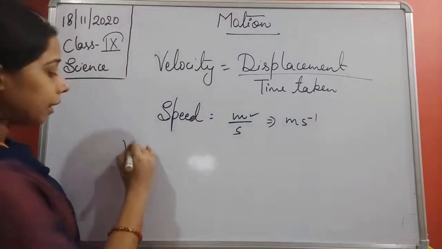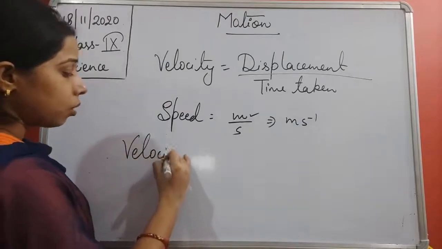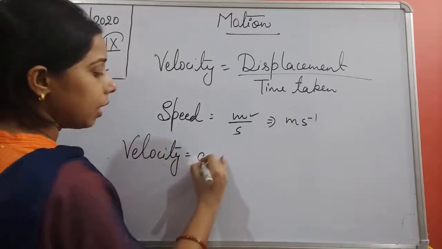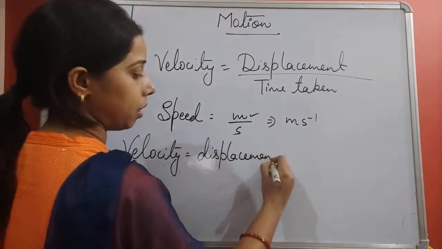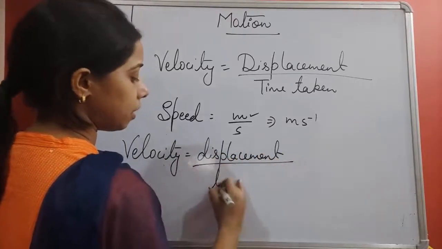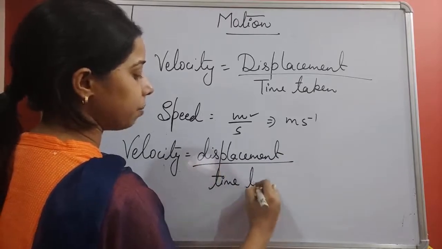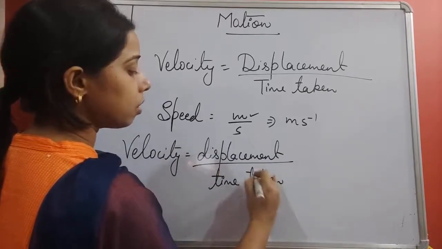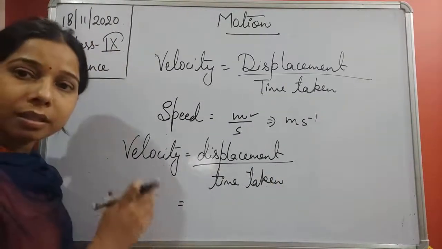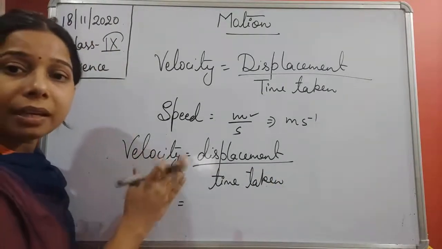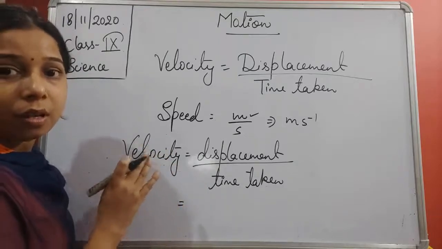What will it be in the case of velocity? In case of velocity, it will be equal to displacement upon time taken. So if we talk about displacement upon time taken, students, here also we are talking about the distance travelled in a particular direction, right?